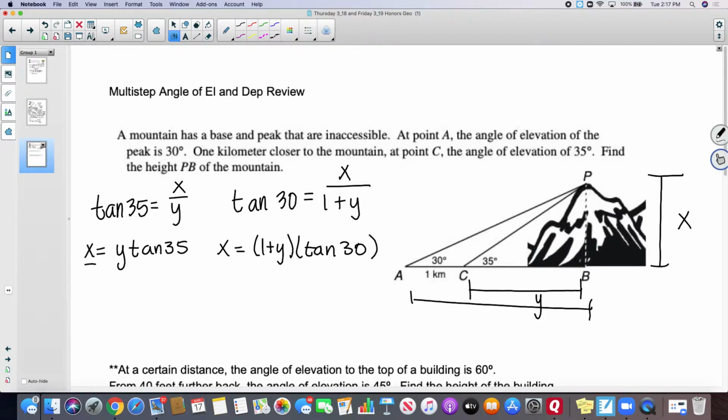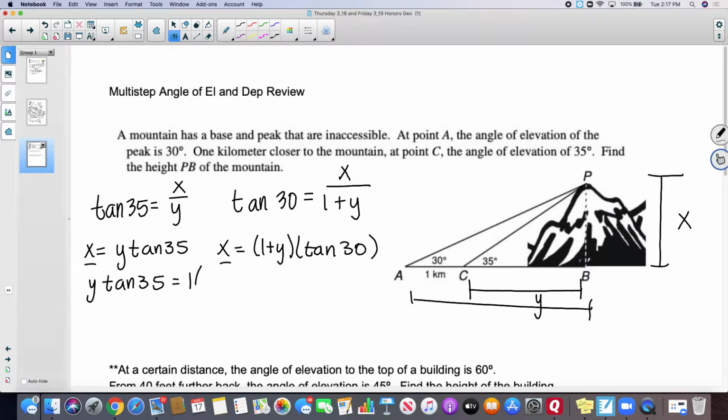And since they both equal x, then they can equal each other. So y tan 35 equals 1 plus y tan 30. Now, you're going to need to distribute, because we need to distribute the 1 plus y to the tan 30. So I'm going to go ahead and do that.